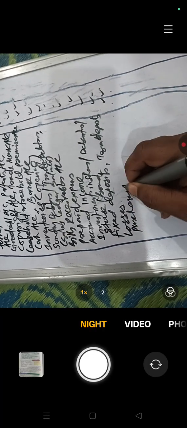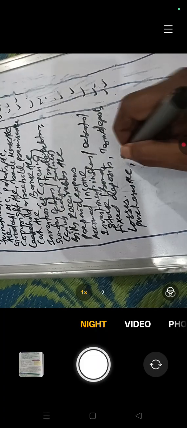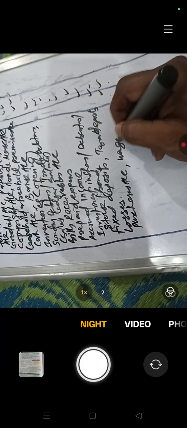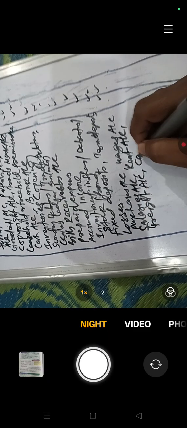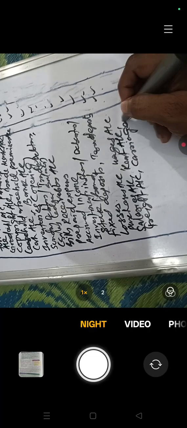Losses. Then expenses and losses are also shown on the debit side. So expenses like purchases account, wages account, salaries account, rent account, freight account, carriages account.